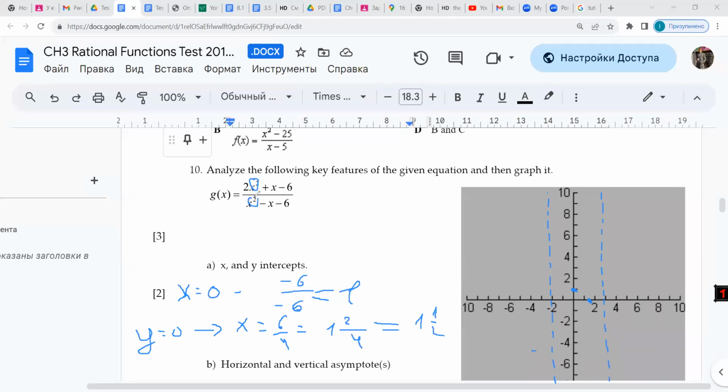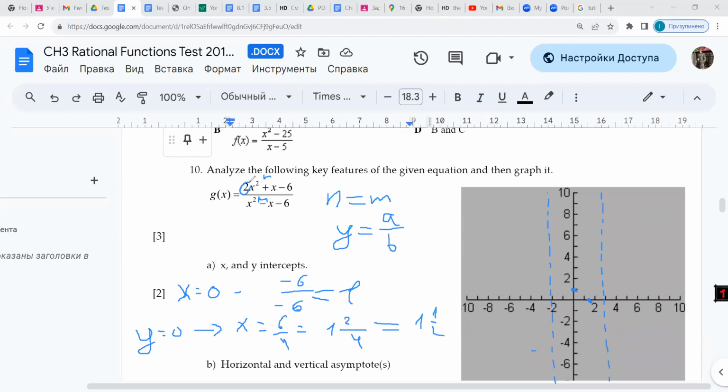Here, numerator and denominator both have the greatest exponent 2, which means we have to use the following property: when those exponents are equal, n equals m, this is n, this is m, horizontal asymptote will appear at y equals a over b.